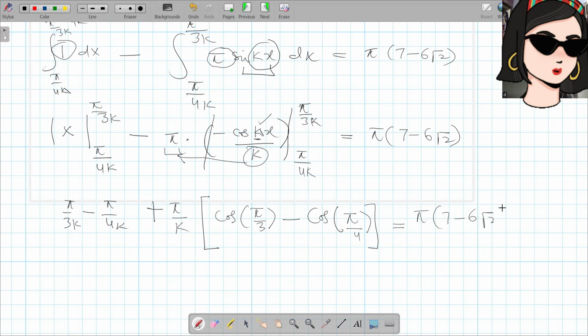The rest of the things are the same. So you just need to put the values here and find k. So k is everywhere in the denominator on the left hand side. k is here, and k is here. That makes sense?